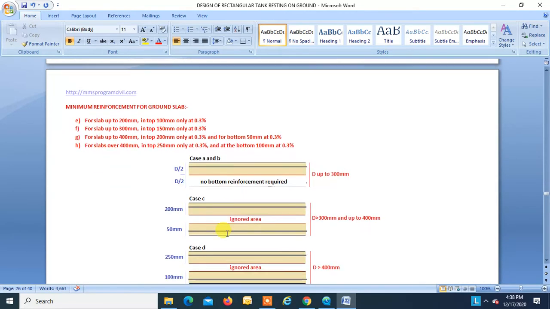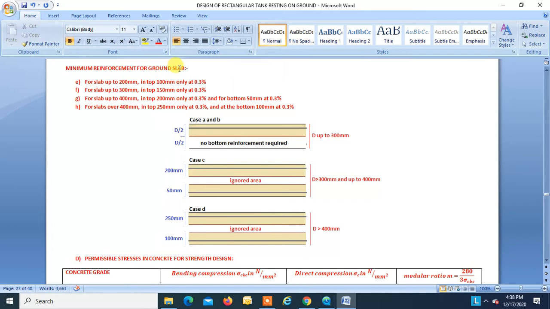Okay. Now minimum reinforcement for the ground slab. For slab up to 200 mm, in the top 100 mm, that is d by 2, 200 divided by 2 is 100 mm, you provide d by 2 into 1 meter into 0.3 percent steel in both directions, that is x direction and y direction, right?